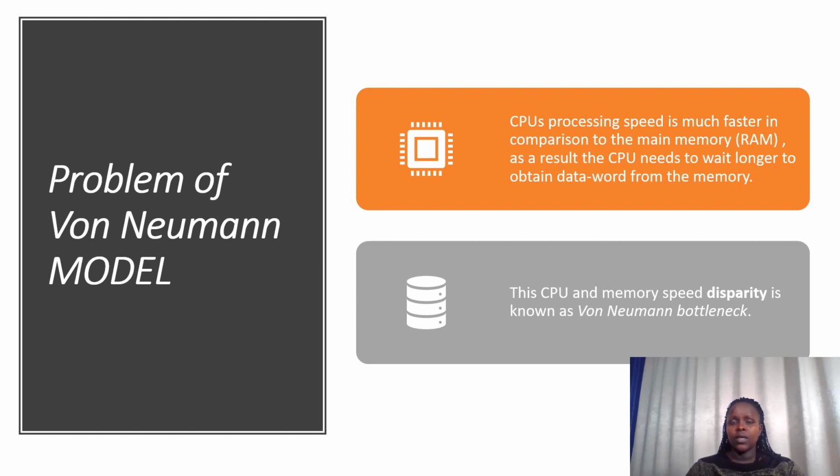This takes time, so while the memory is giving the data, the CPU may be idle. So the speed of the memory and the speed of the CPU to process are unequal. So at that time, there is a disparity. This is the problem of this model.